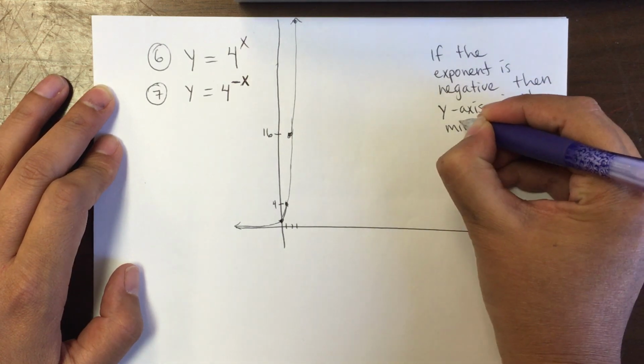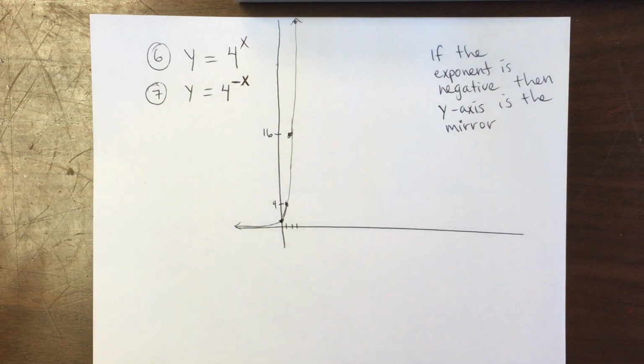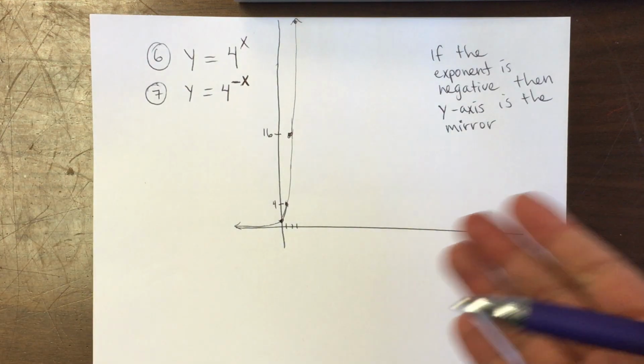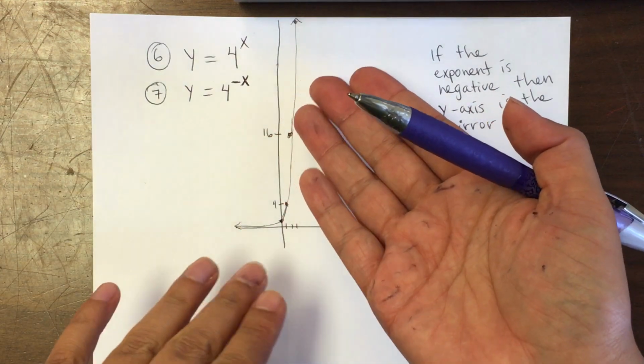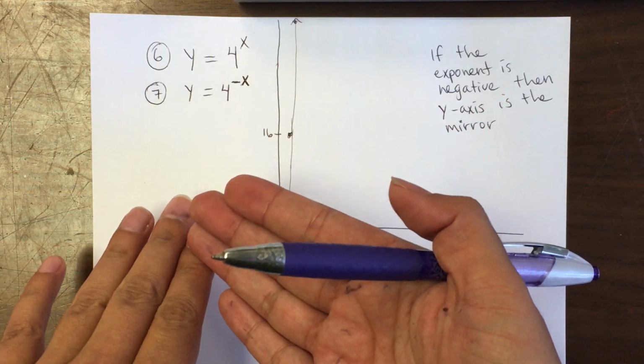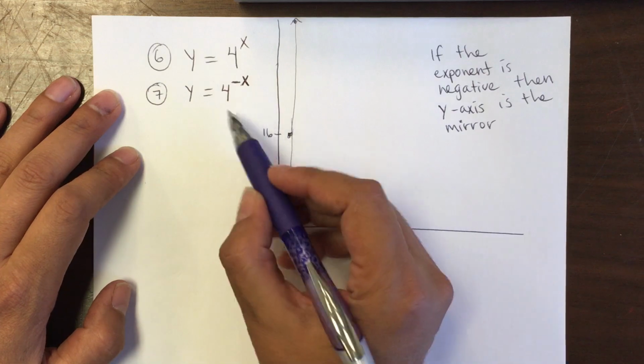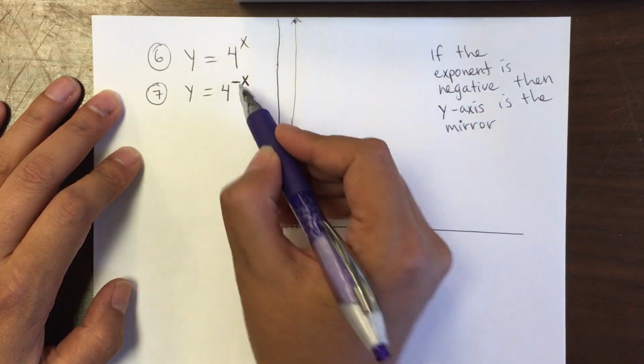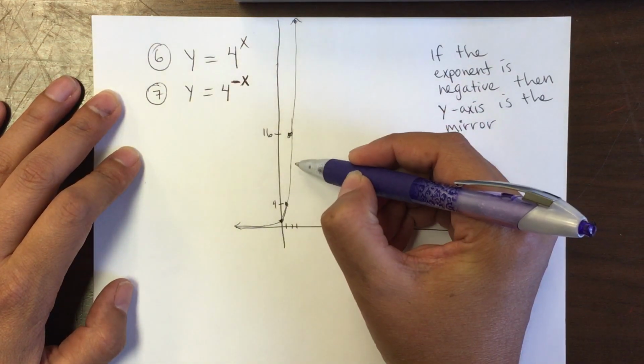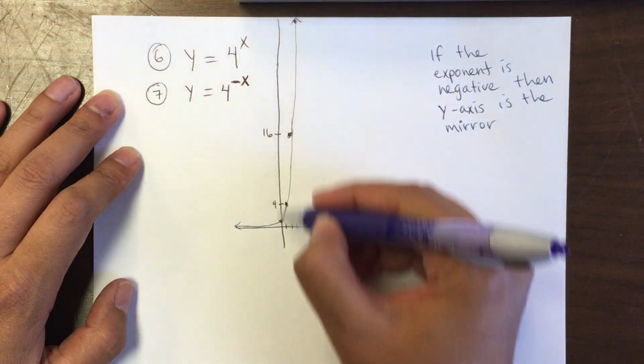So it's the same idea, but it's just remembering inside, outside. In here is if the negative is with the exponent, and then number 8 will be if the negative is with the base. Okay, so when the exponent is the one that is negative, then my mirror will be this.